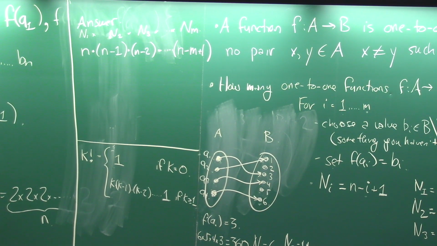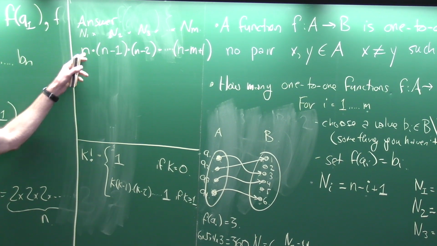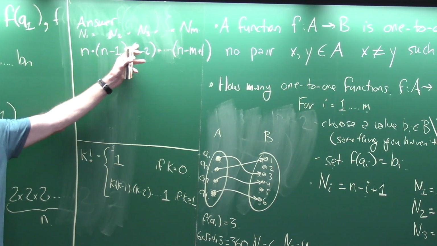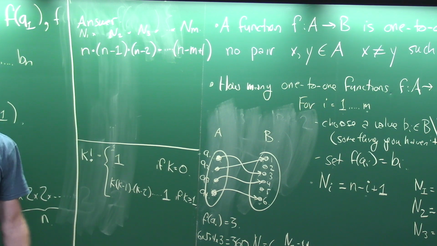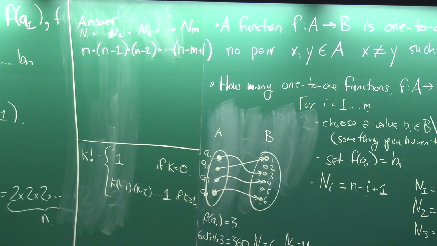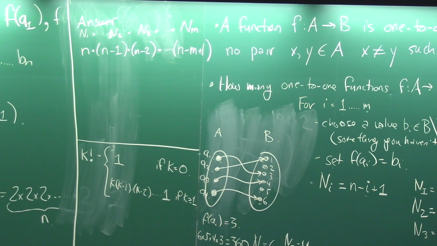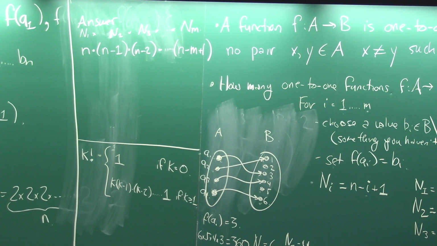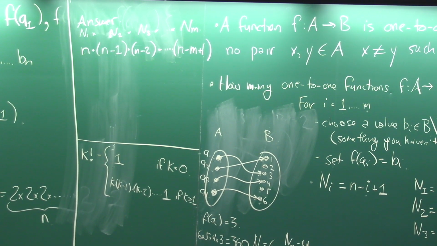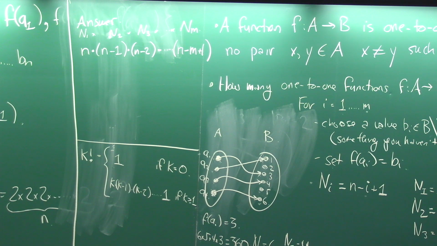And the reason we want that is we would like a shorthand for writing things like this down, so we don't write these long formulas. In the same way that when we have n times n times n times n times n times n, we can shorten that to n to the power m.